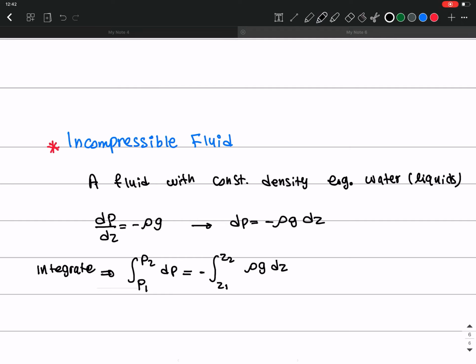Because I assume an incompressible fluid, rho is going to be constant, it's not going to change. So I can take this out of the integral, and g is also constant, so I can also take it out of the integral, and write minus rho g times the integral from z1 to z2 of dz.